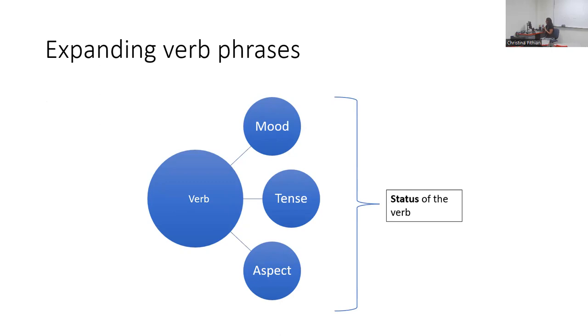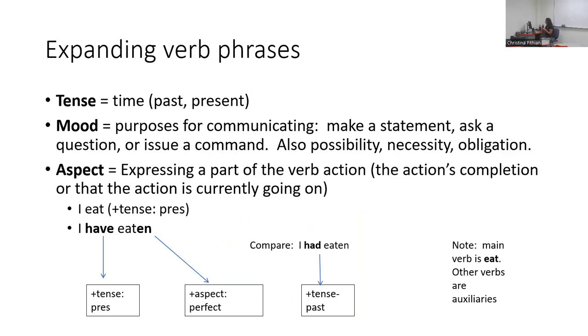They don't just tell us the action, but they tell us when the action happened and certain aspects about the action, such as the beginning or the middle or the end of the action. And they can also express mood, as we're going to see a little bit later, with respect to whether we're asking a question with the verb or we are expressing a hypothetical situation. So that altogether is the status of the verb.